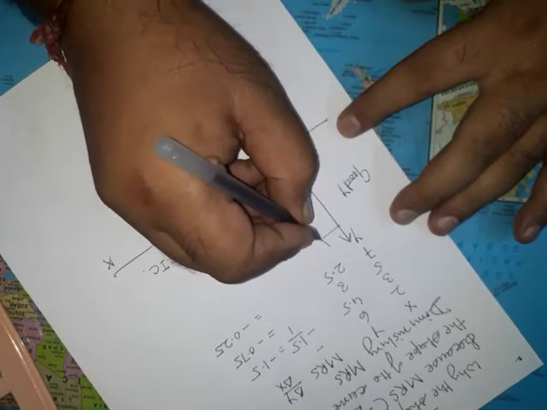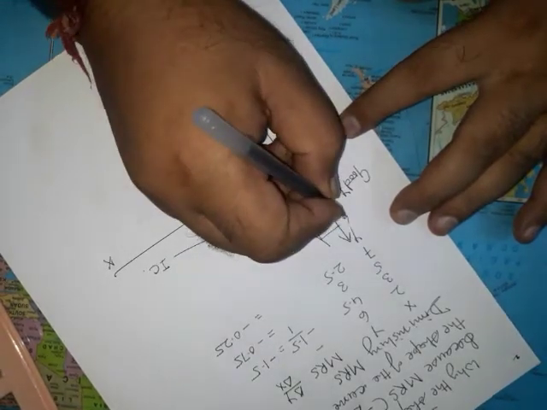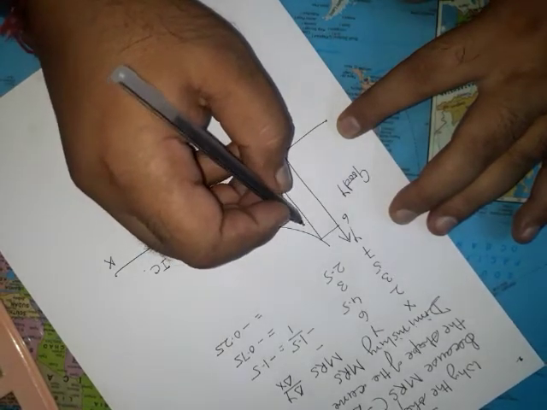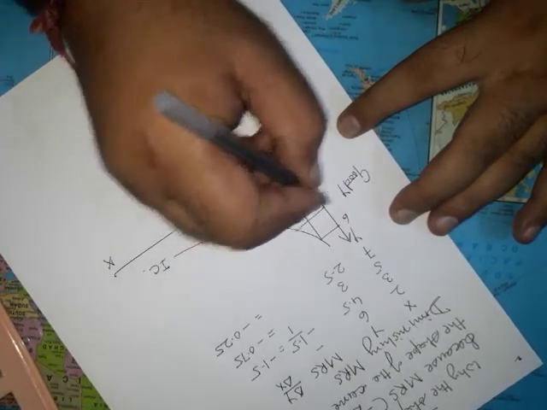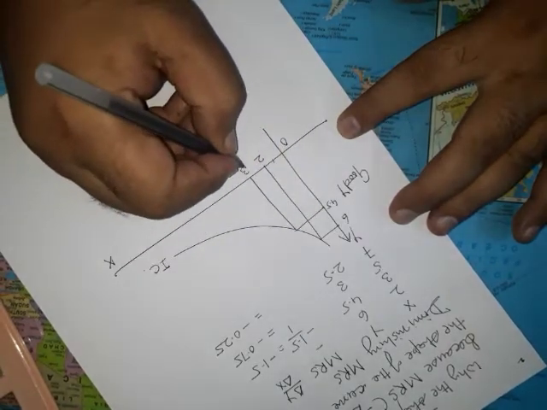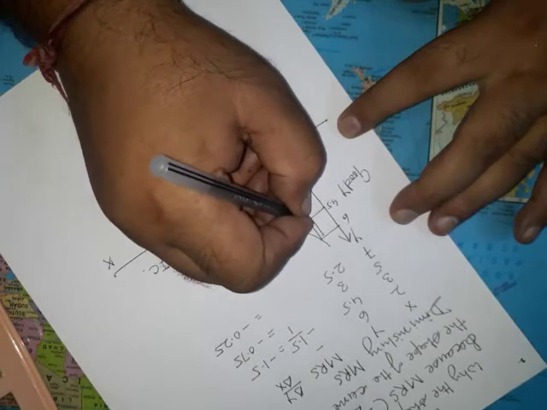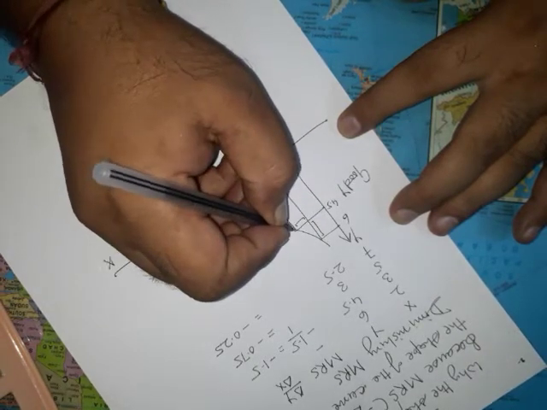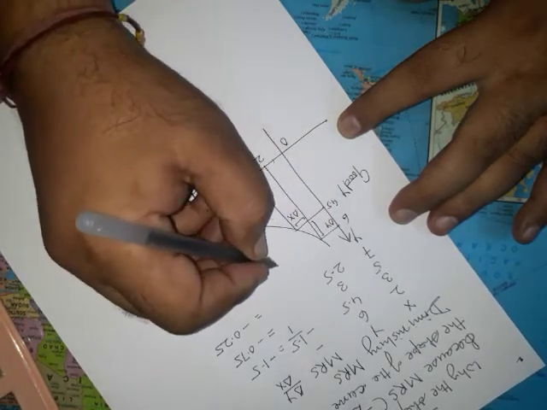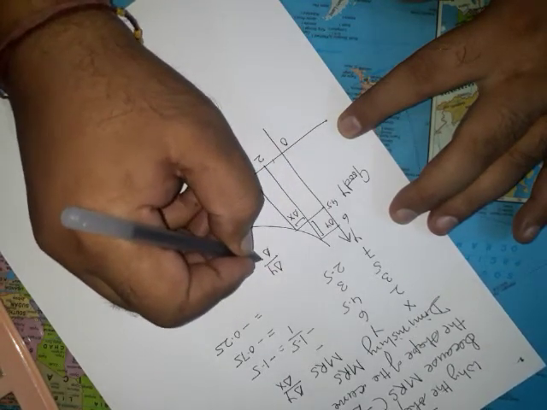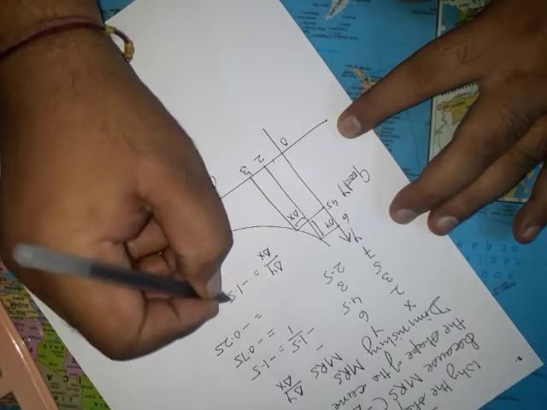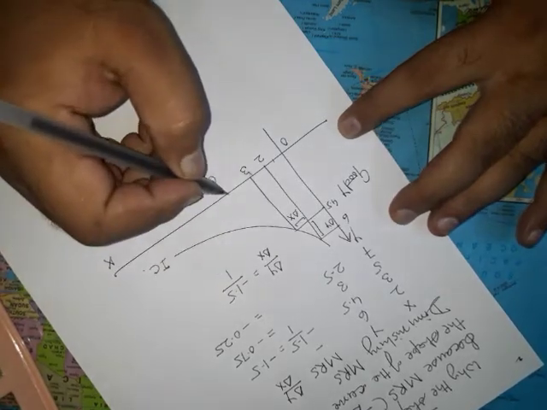So initially the quantity is 6 and 2, after that 4.5 and 3. So we find out the loss and gain. So change in y over change in x equals minus 1.5 and 1.